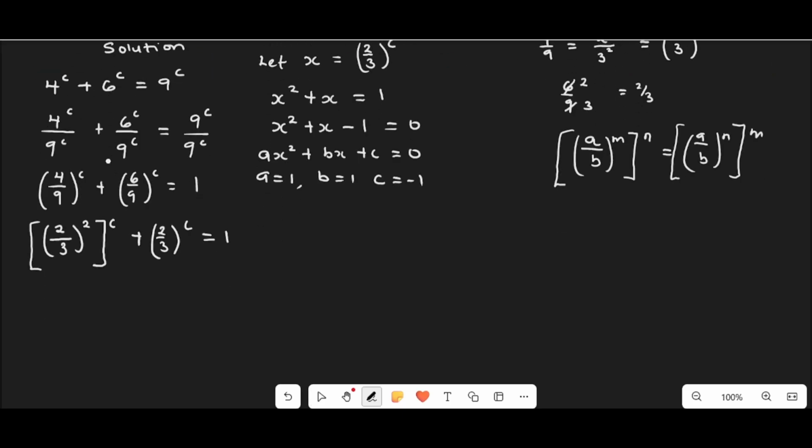Also, I want you to recall this quadratic formula, which is x equal to minus b plus or minus root b squared minus 4ac over 2a.